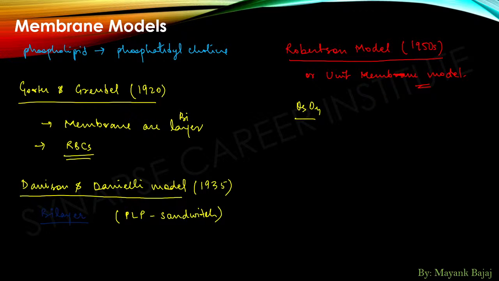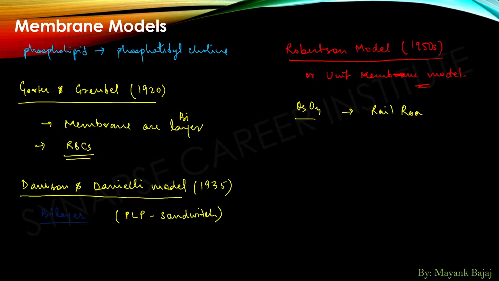He treated different kinds of cells with osmium tetroxide, which is a heavy or dense metal, right? And what he observed was a railroad-like structure.